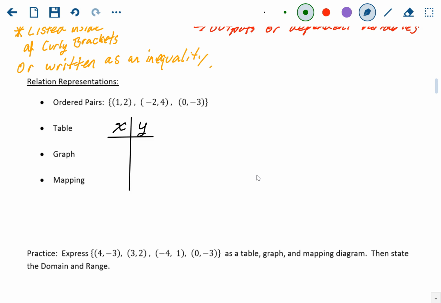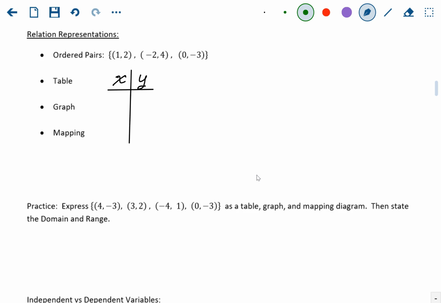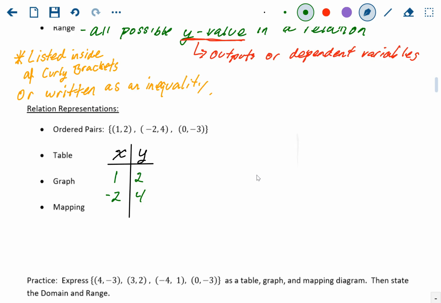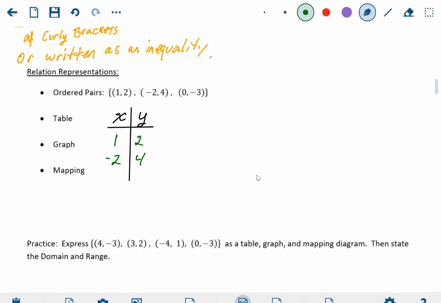Now, the only mistake people really make with tables is sometimes students will put the X values in increasing order and the Y values in increasing order. You can't do that. The X value has to stay with the Y value. So whatever's in the ordered pair has to stick together. So we have 1, 2, -2, 4, and then 0, -3. So easy stuff.